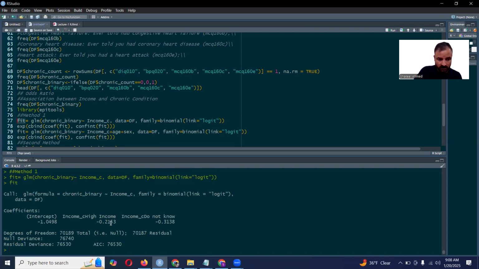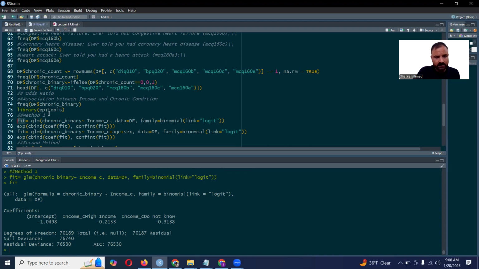For example, the high income group will be compared with the low income group. We are not concerned about the don't know group, so you can just skip this. But we are concerned with this coefficient. So we just exponentiate that coefficient, and that will be the odds ratio corresponding to the high income.